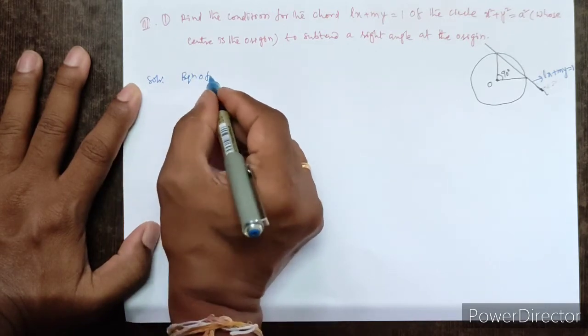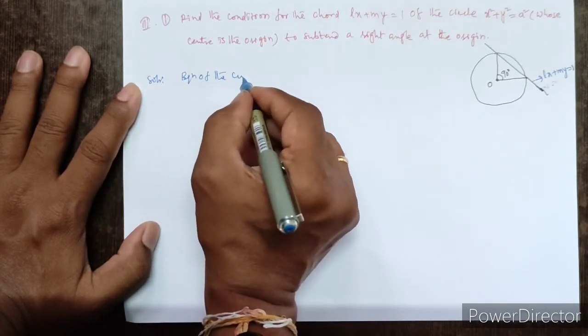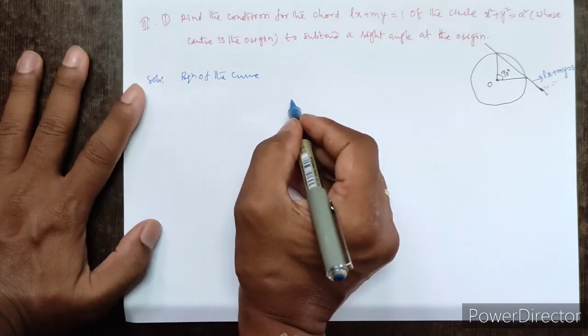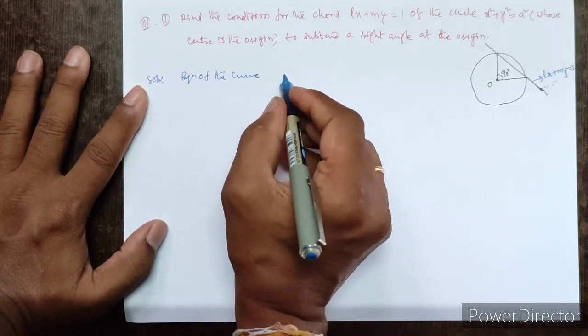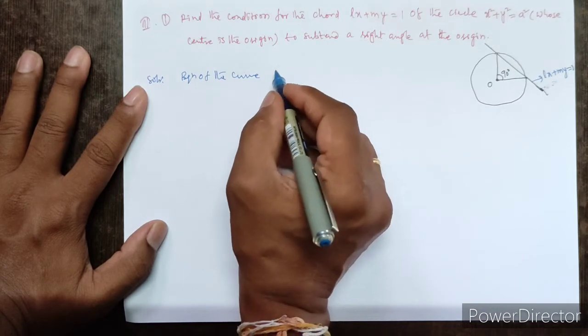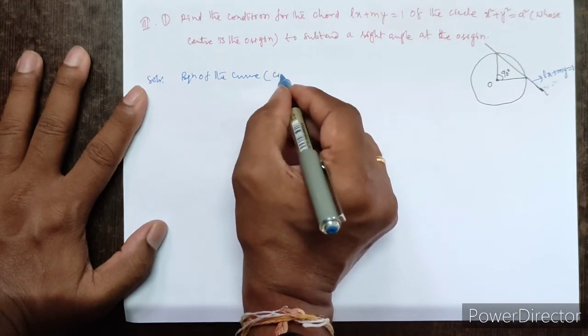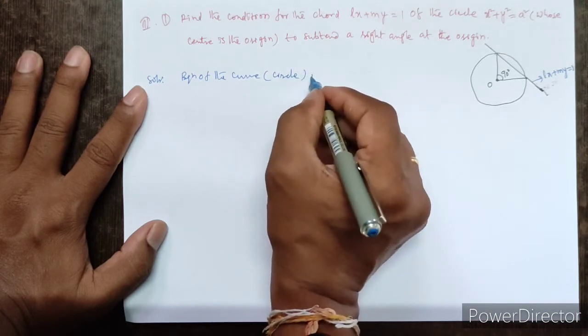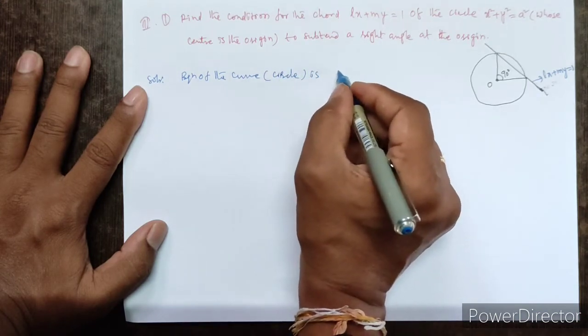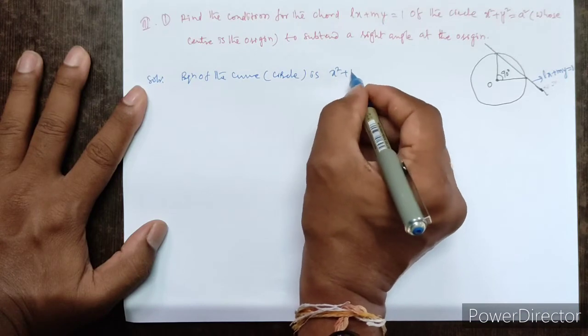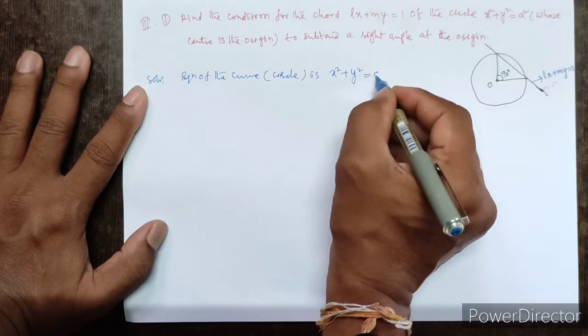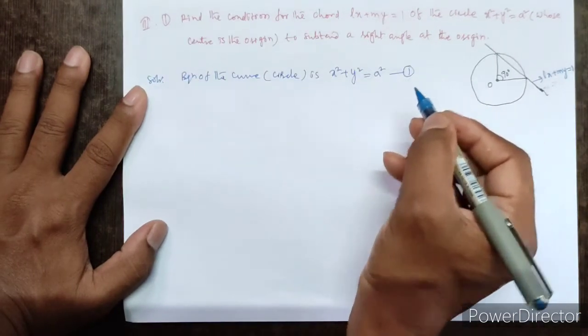Equation of the curve. Equation of this curve is nothing but the circle. Equation of the circle is x square plus y square equal to a square. This is equation 1.